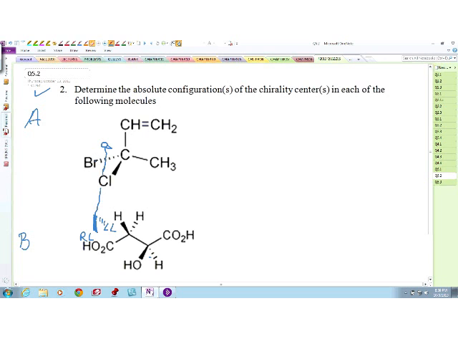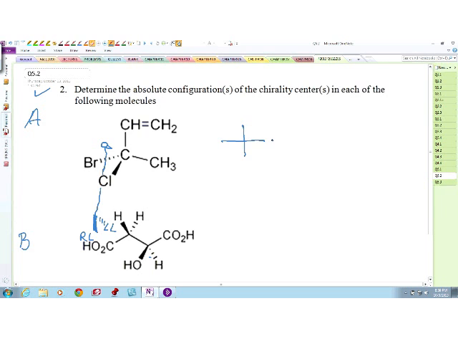I'm standing right here, between this bromine and this chlorine, looking directly at this carbon. This is my nose right here. So let's do the Fischer projection for that carbon and the groups attached to it.